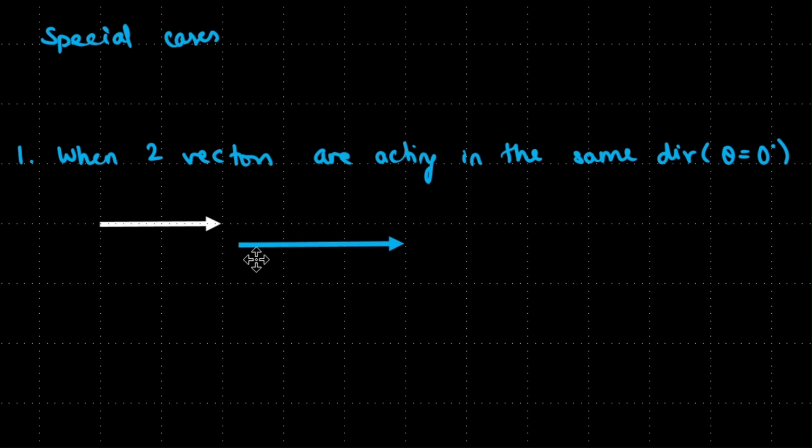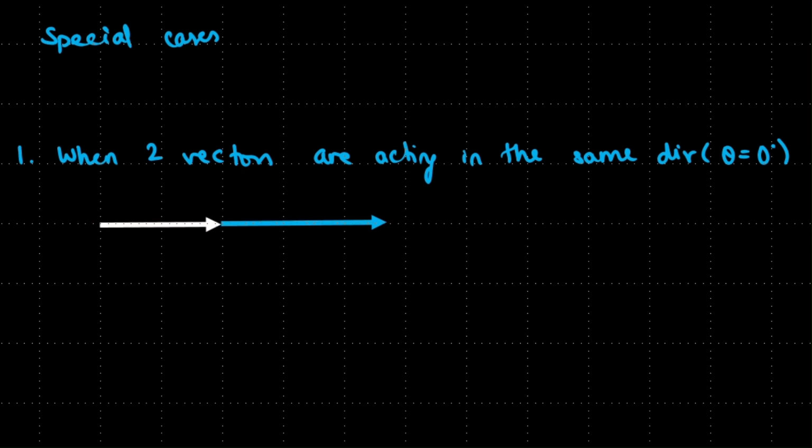So let's take these two vectors, right? If you take these two vectors and line them up, what's the angle between them? Some might say 180 degrees, but if you remember, you must do it by the head or tail method. If you do it by the tail method, it will be 0 degrees. That's why the angle is 0 degrees.